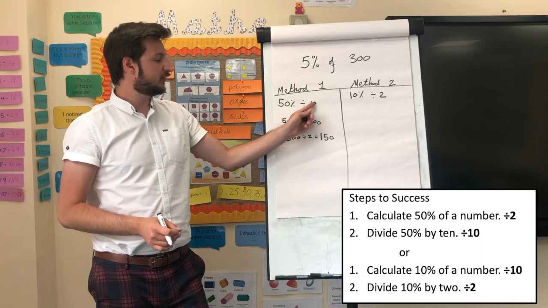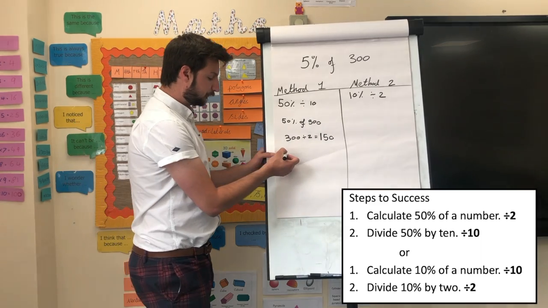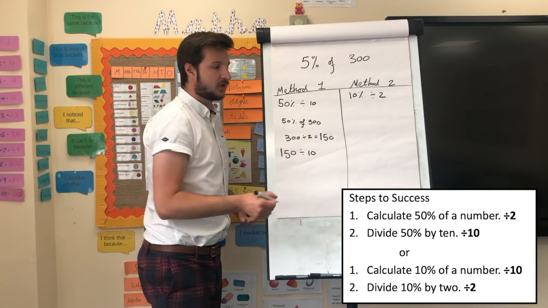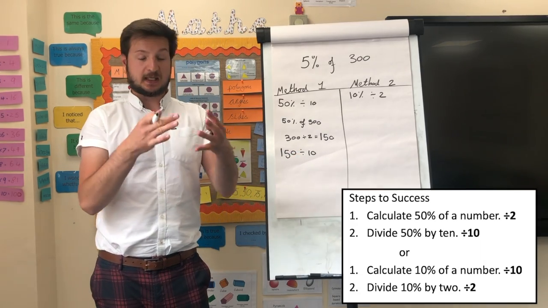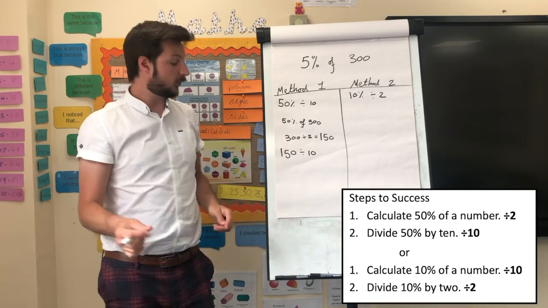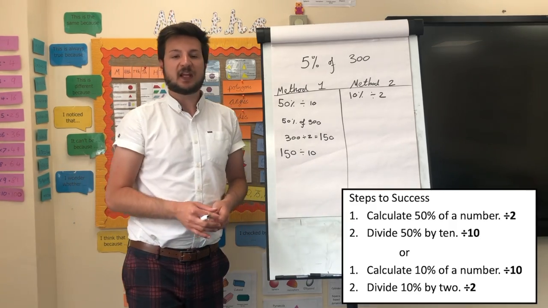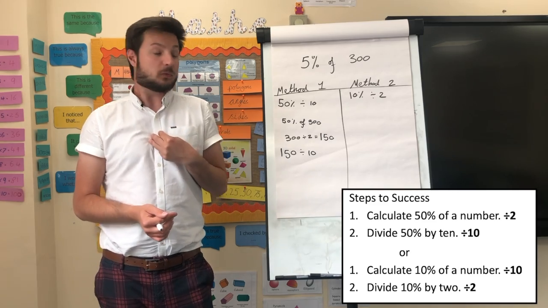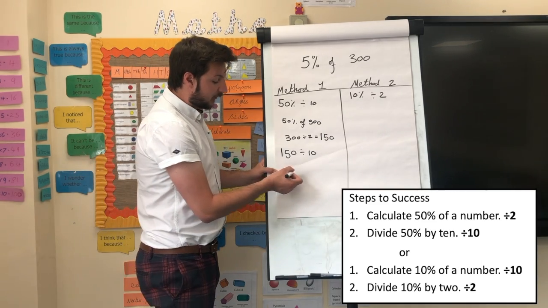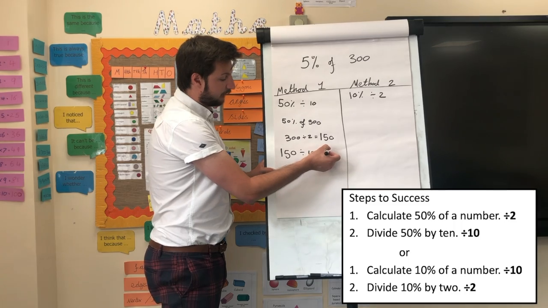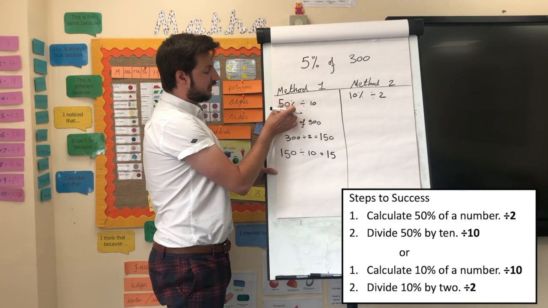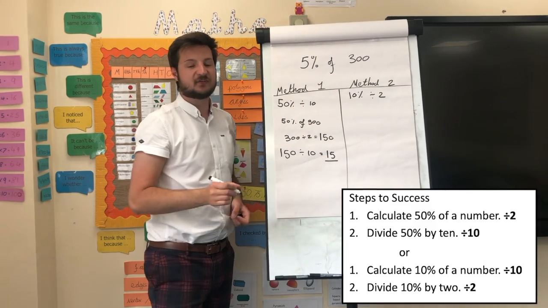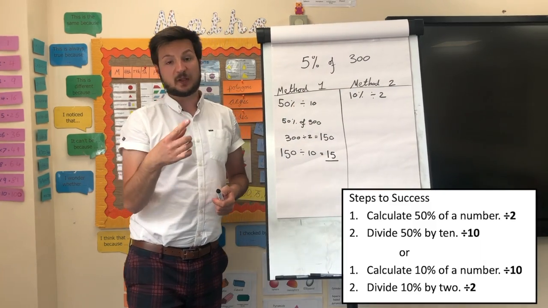Now that I've got 150, I'm going to divide it by 10. 150 divided by 10. Again, you are not going to use bus stop because it is dividing by 10. If you need to, you can write out your place value columns. I know what 150 divided by 10 is, so 150 divided by 10 is 15. So 5% of 300 is 15. That was our first way of doing it.